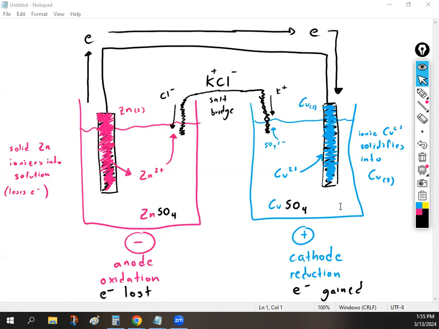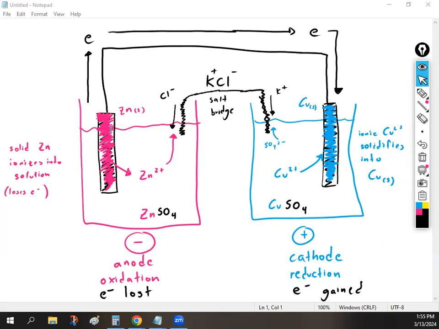Two components, and then you've got two connections between them. It's a salt solution. So this side will be in a ZnSO4 solution, and this side will be in a CuSO4 solution.